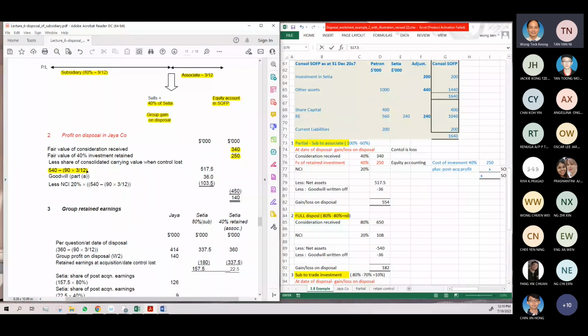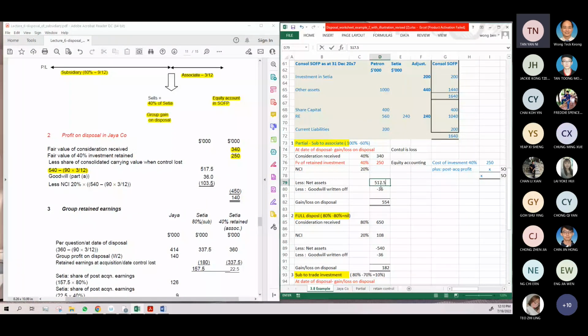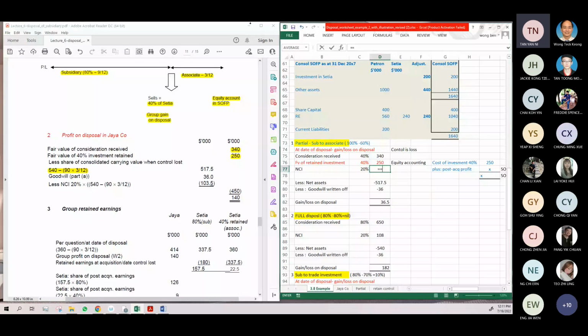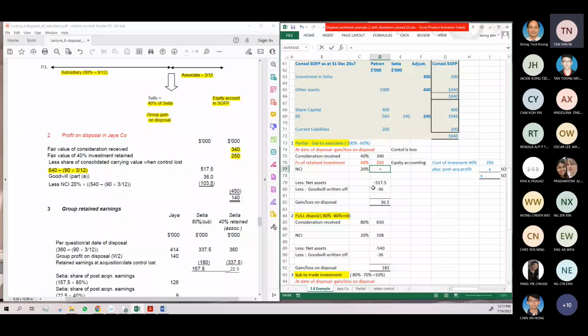Then you write off goodwill 36, and your NCI will be 20% of 517.5, which is 103. So you get 140.